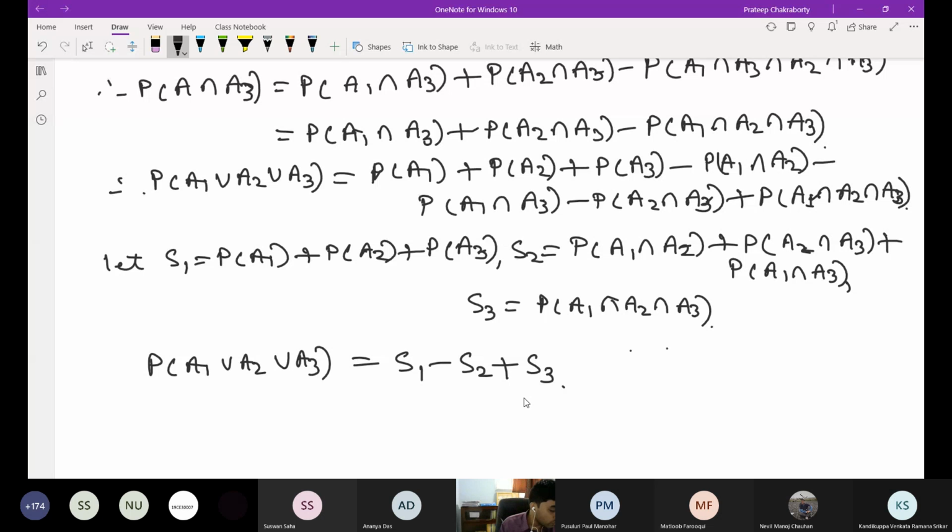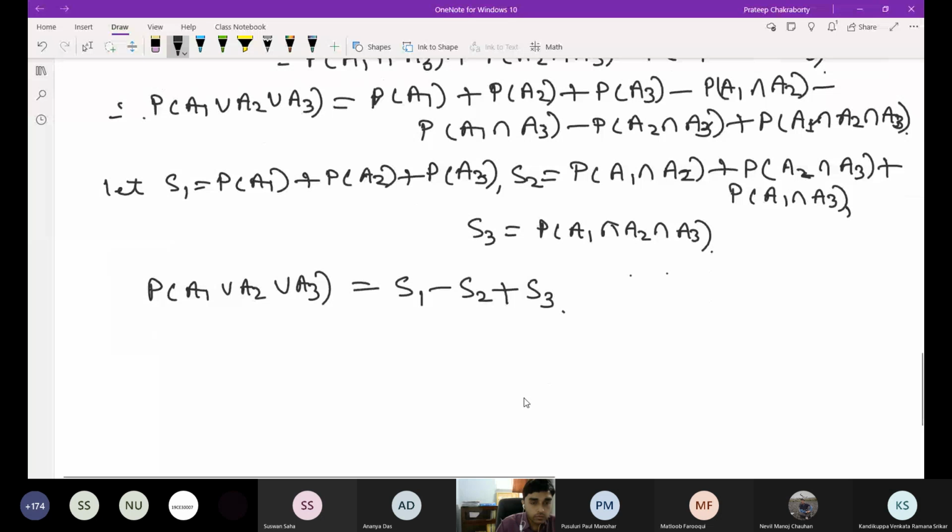So now tell me how to write the union of AN, r equal to 1 to n. So how to write this? Anyone wants to tell?